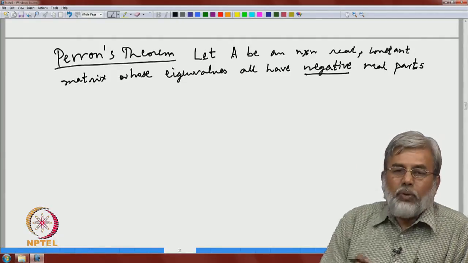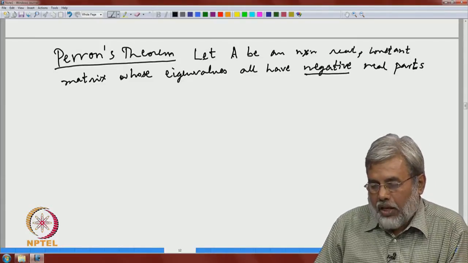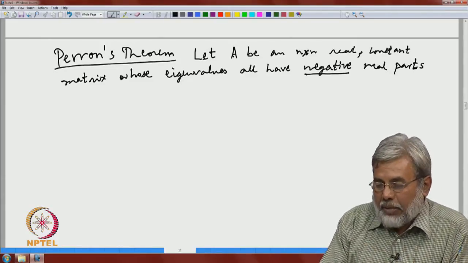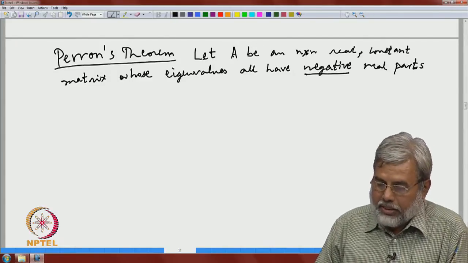And in this case, we know that for the linear system x dot equal to A x, the origin is asymptotically stable. So, this is one of the cases.